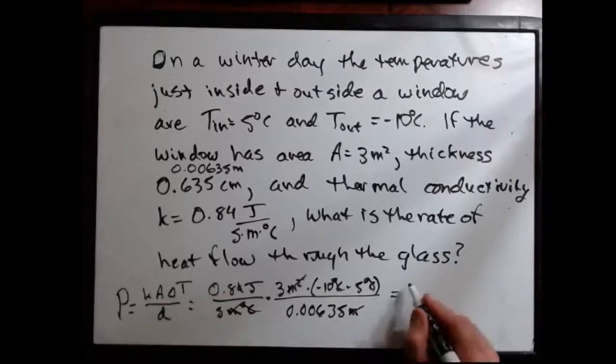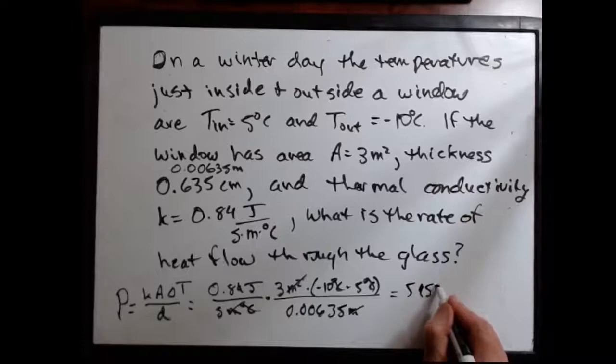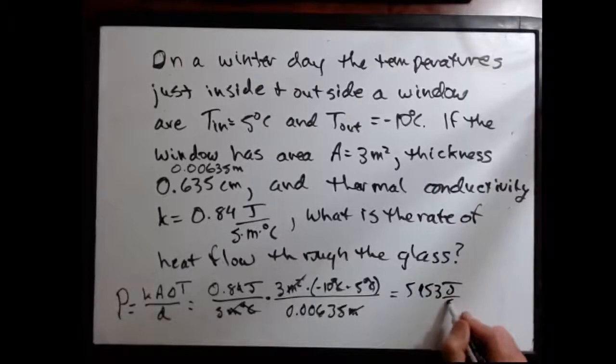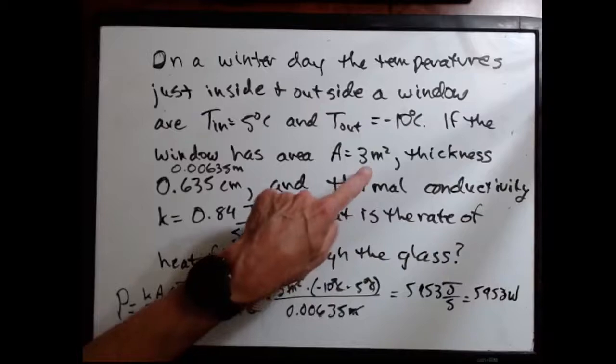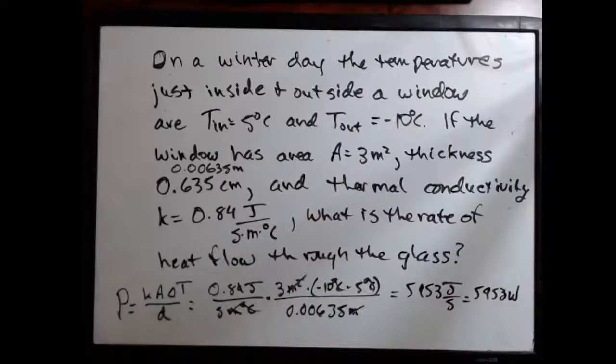And so the number I get is about 5953 joules per second, or 5953 watts. So that's a 3 square meter window. That's a big window, right? It's a big picture window, but it's losing an enormous amount of heat.